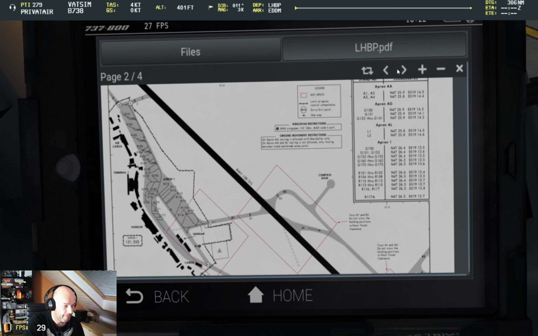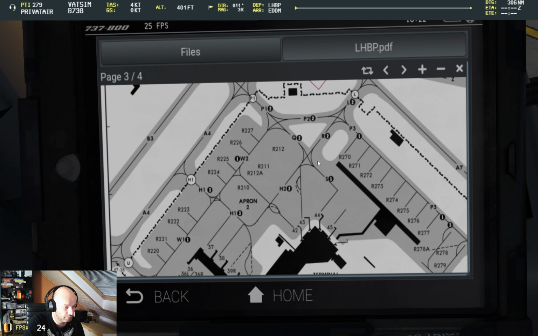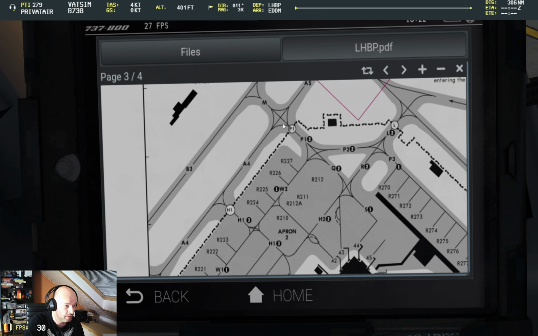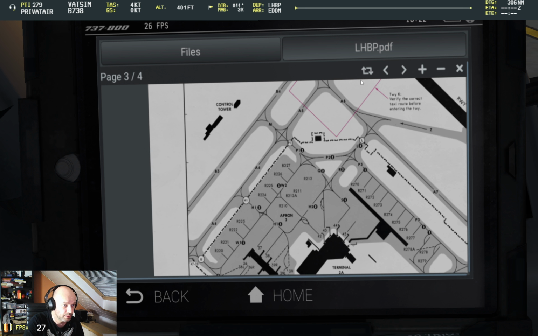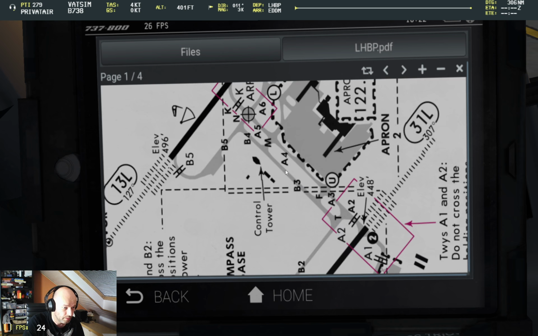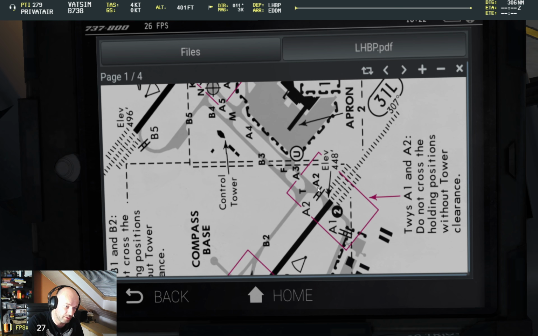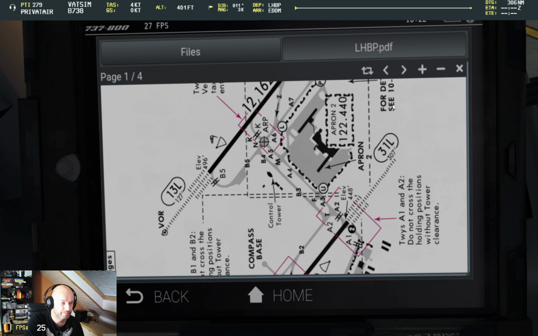Taxi. So we expect taxi probably via Hotel 2 or Quebec, Papa 1, and then I don't know if they will make us taxi via Alpha 4, Alpha or Bravo. Probably Alpha. Holding point Alpha 2, runway 31 right, I'm sorry, 31 left.